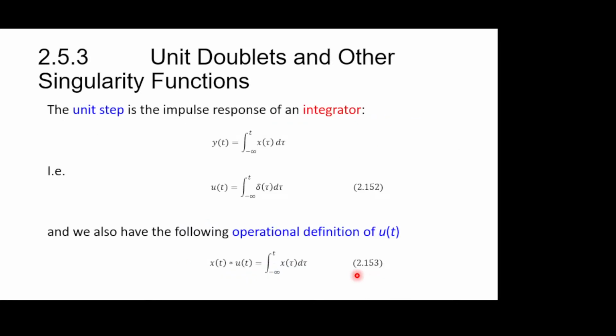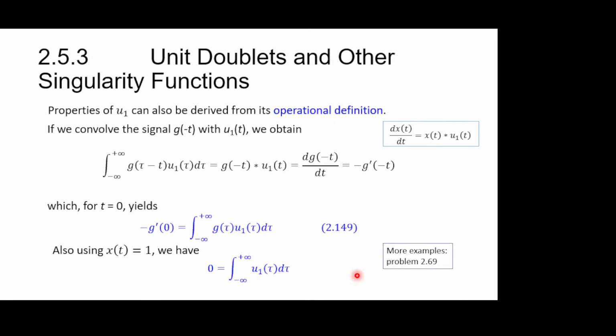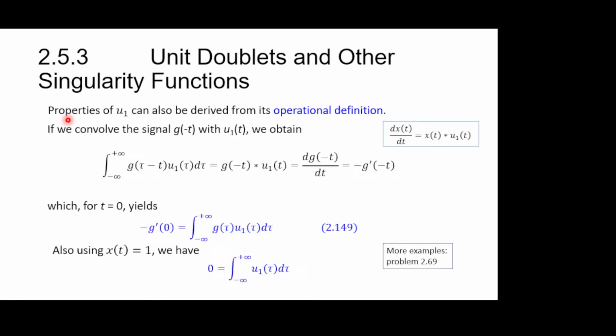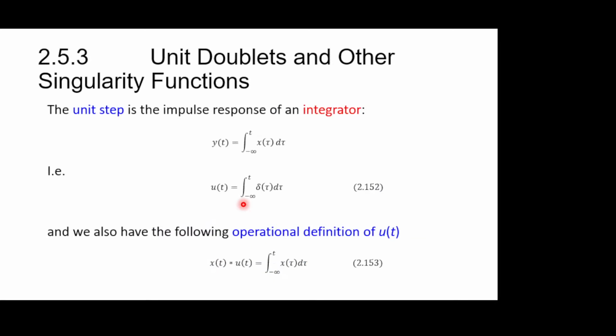Okay, and finally, those u families. This is a confusing notation, but the doublet and triplet, those u2 to uk, correspond to systems that are differentiation.